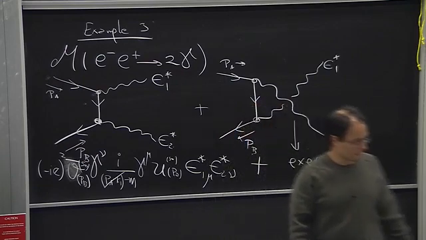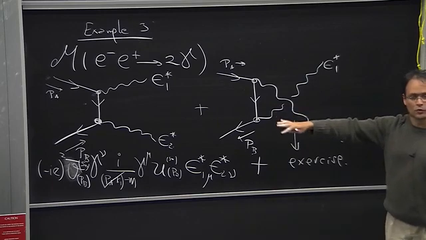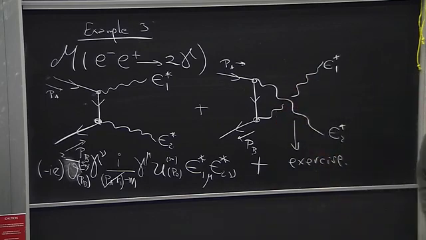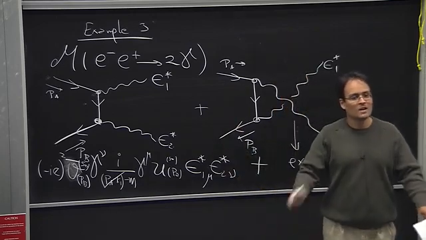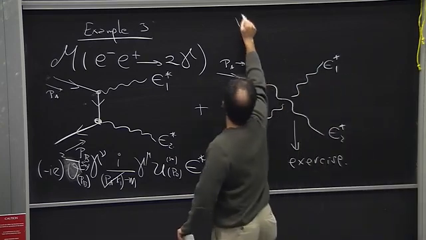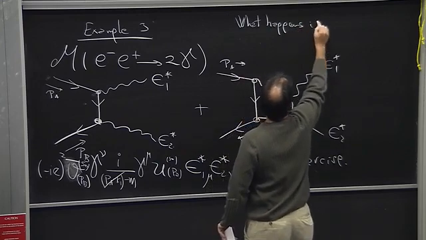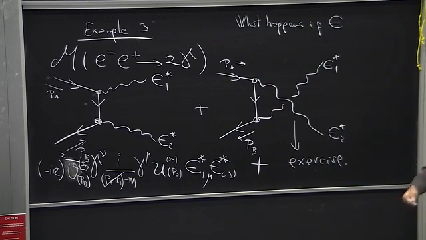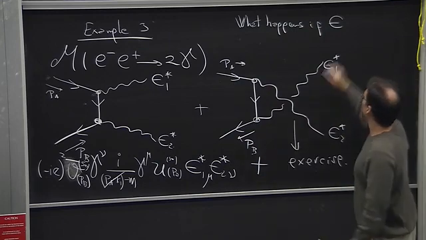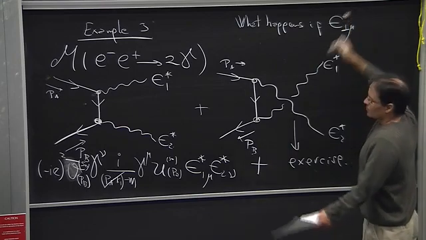Okay. But the reason I wrote this down was not just for your amusement. Part of the exercise, which you should try, is what will happen to this formula if, this is something we can do in our notebooks, right? There is no problem. We can take epsilon 1, star or not star, that doesn't matter.